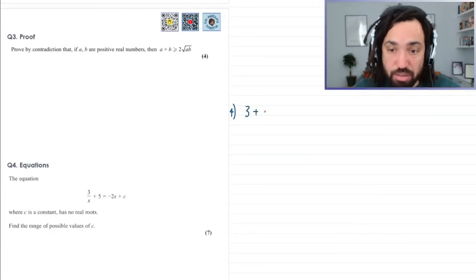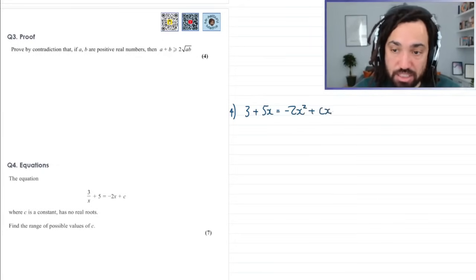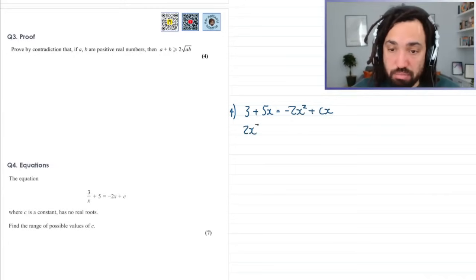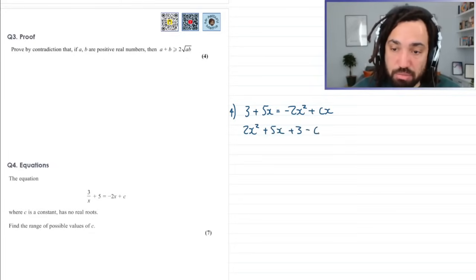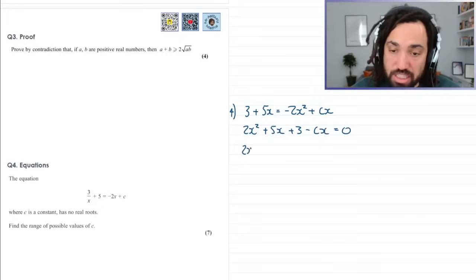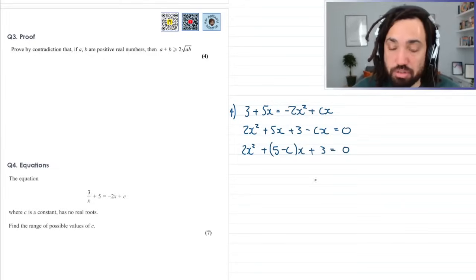So we get 3 plus 5x is equal to minus 2x squared plus cx. Then I'm going to bring all the terms over to one side. Let's pick the left hand side, so that we have the x squared positive. So that becomes 2x squared plus 5x minus cx plus 3 equals 0. I'm then going to write it out so that the x terms are together, and I'll factorise out the x as well, so we know exactly what the b term is when we look at the discriminant.